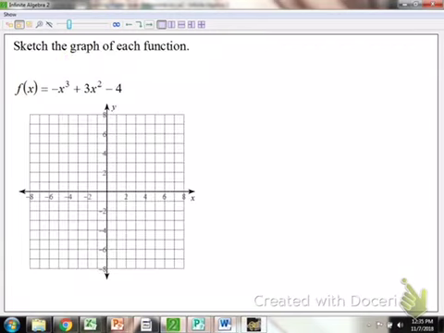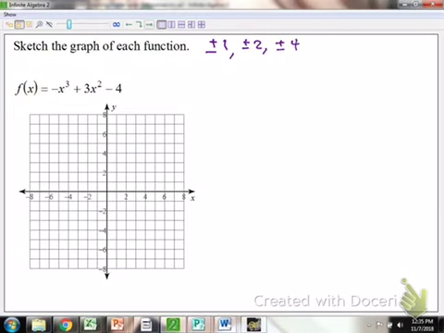All right, next example. This says to sketch the graph. Now, the difference here is that we're actually going to be using these zeros that we find as our x-intercepts, and the negative x cubed is going to tell us the shape of the graph. And so the possible rational zeros here are plus or minus 1, plus or minus 2, and plus or minus 4.